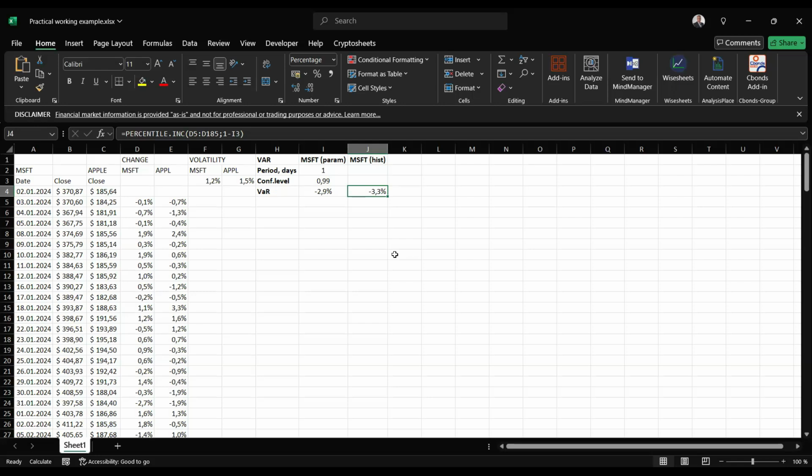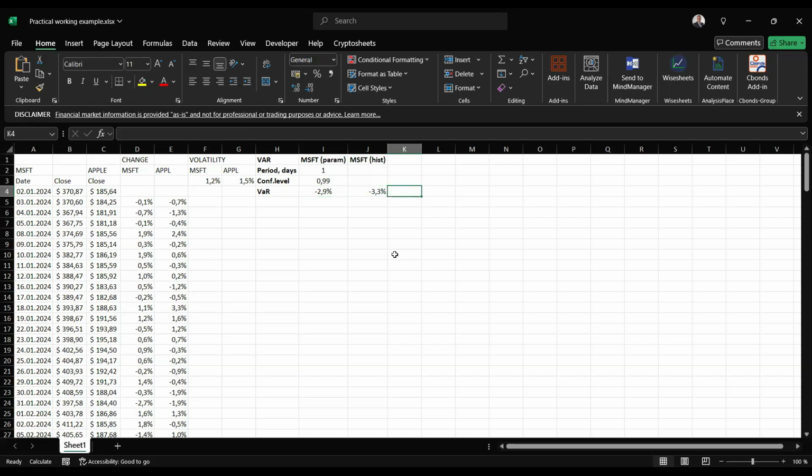The historical valuation is bigger due to the fat tails of the real historical distribution of the price change. And therefore, if we increase the period of days, for example take not 1 but 10 days as the horizon, the difference will be bigger, I guess.